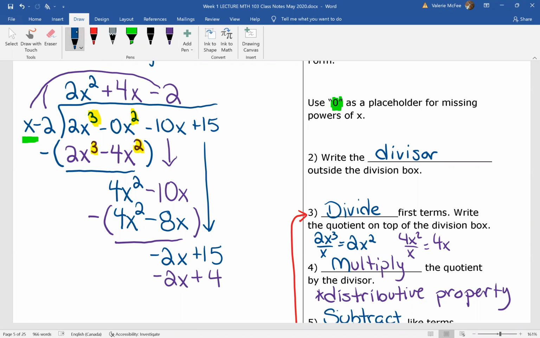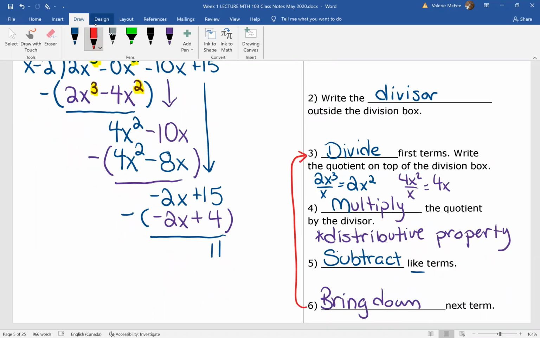The next step is to subtract. Negative 2x, subtract negative 2x is 0. 15 minus 4 is 11. There are no other terms to bring down, so that means we're finished our division.